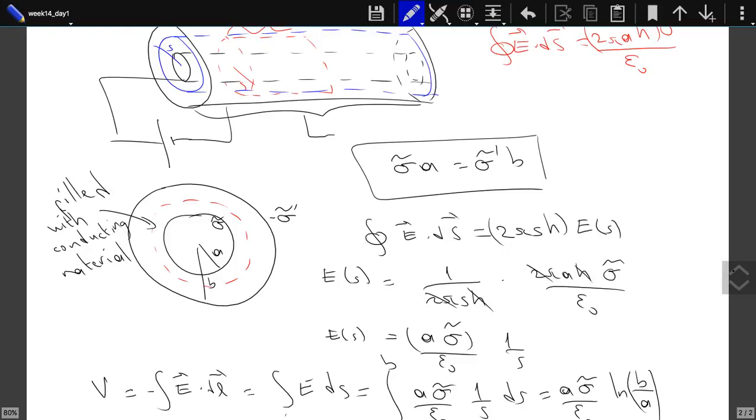Or you can say that the inner and the outer cylinders are made from a perfect conductor. So no matter where you put the charge, it's just distributed homogeneously over the inner and the outer cylinder. You can think of them as perfect conductors. In between, there is an imperfect conductor with a conductivity sigma.